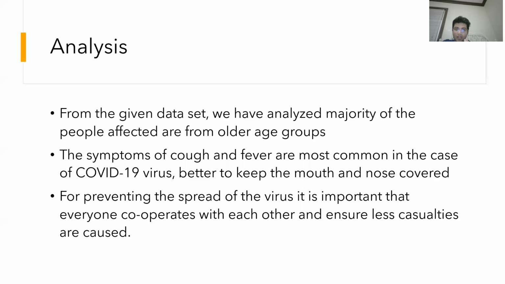From the symptoms, I found that cough and fever are the most common, and as a result it is advisable for people to keep their mouth and nose covered, and maintain a 6 feet gap between two people when walking, which is currently known as social distancing. And most importantly, to prevent the spread of the virus, it is necessary that people cooperate with each other and ensure fewer casualties are caused.